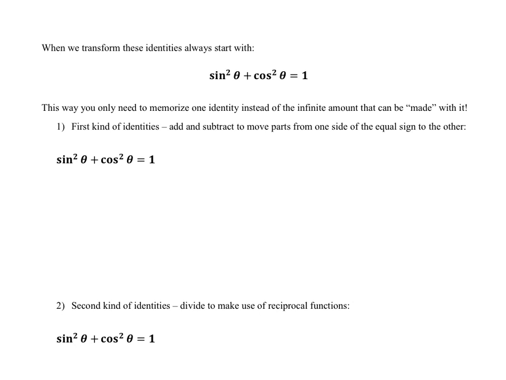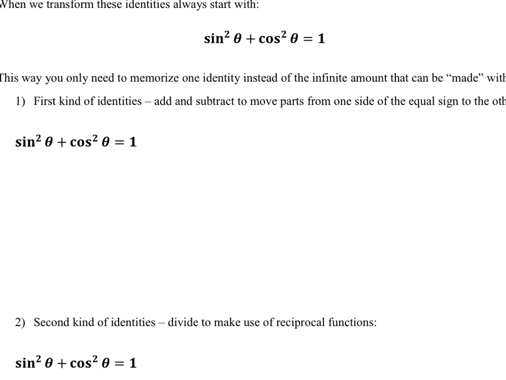All right. So from this one Pythagorean identity, we can create basically an infinite amount of other ones. But there's some regular ones that we transform this from sine squared plus cosine squared equals 1 to other things. What I mean by transform is I perform some sort of math. The first kind is I can transform it using adding and subtracting.